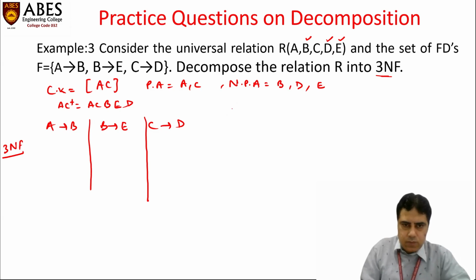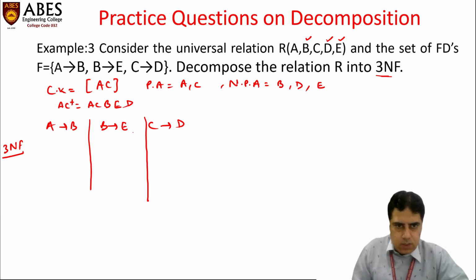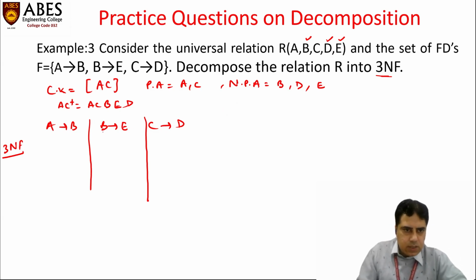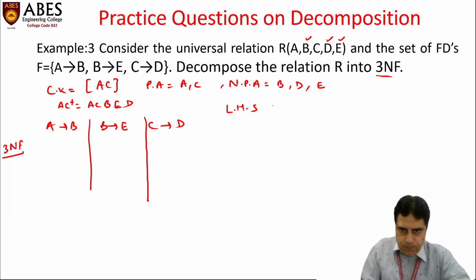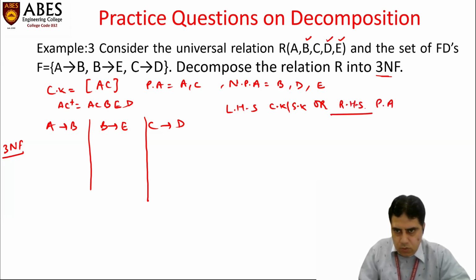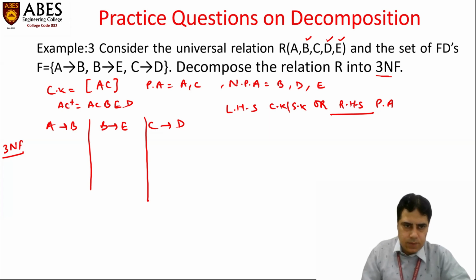Now, the conditions to check whether the given functional dependency is in 3NF or not: the left hand side should be the candidate key or super key, or the right hand side should be a prime attribute. There should be no transitive dependency in the case of 3NF.